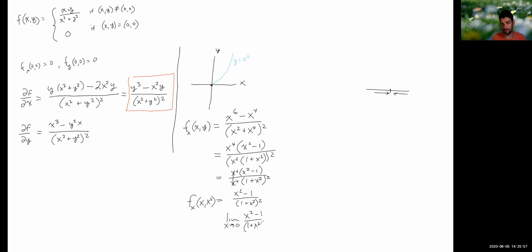This function exists at 0, and I can just plug 0 in and I get -1 over 1, or -1, which is not equal to 0, which is what we said was the condition on continuity at this point. So the limit as we approach 0 of the x derivative is not 0. I don't even need to check the other one; it's going to work out the same. And you can come up with other paths and you'll get different values for the derivative.